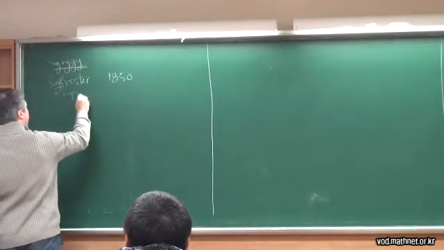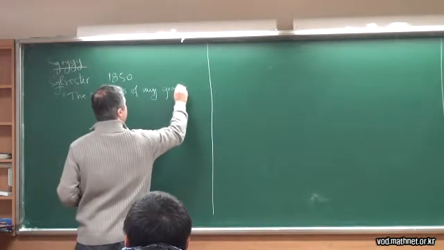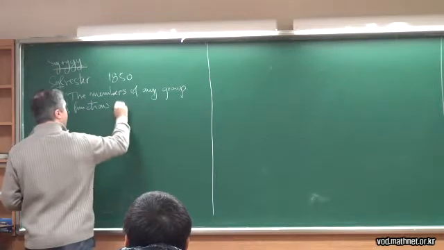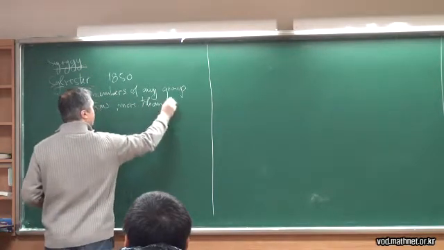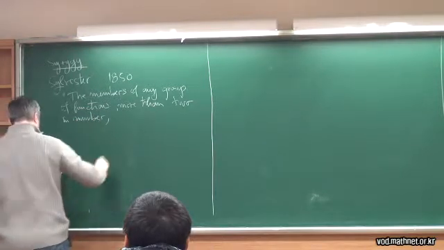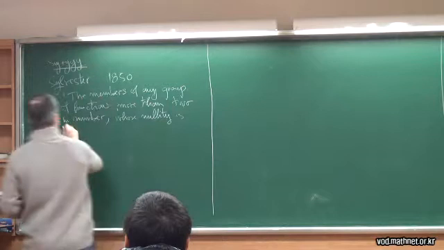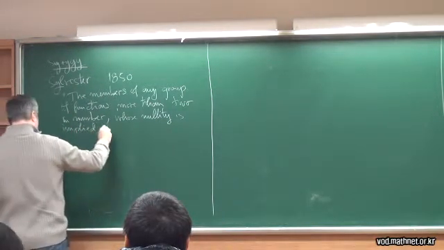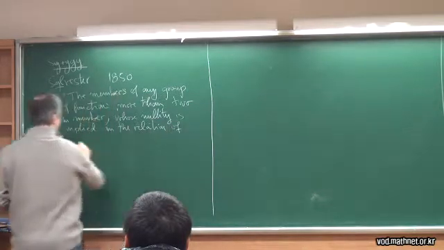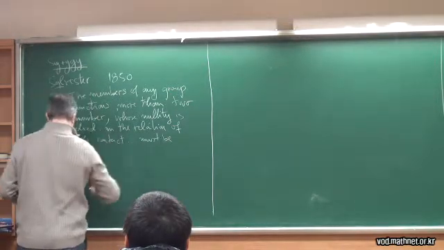This means, so he says that the members of any group of functions more than 2 in number whose nullity is implied in the relation of double contact must be in syzygy.